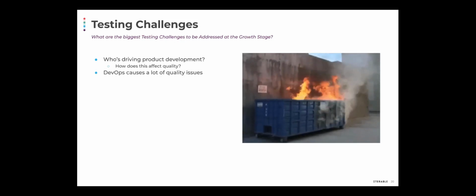Majority of all the incidents that happened at Rollbar or at iOvation were not caused by code changes. They were not caused by developers making a mistake. They were caused because of DevOps, right? When you built your tool originally, you're thinking, oh, I have 5 customers with this many events coming in.